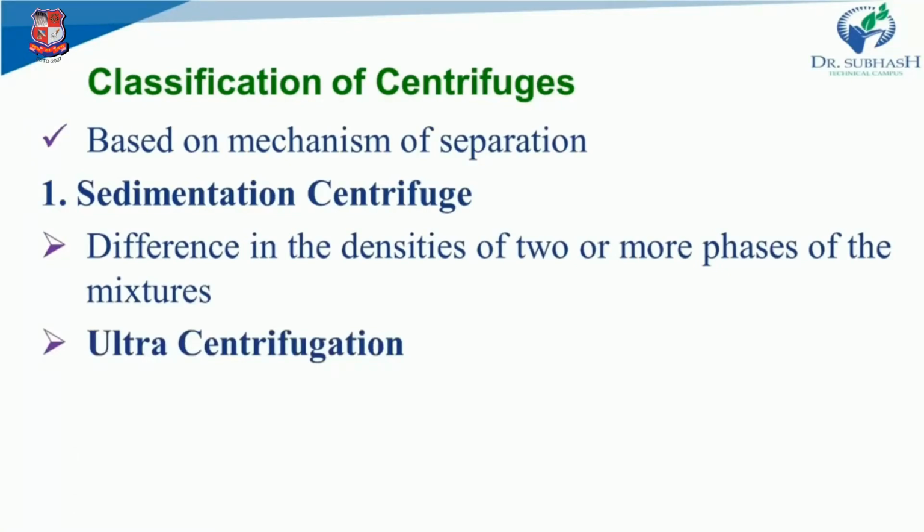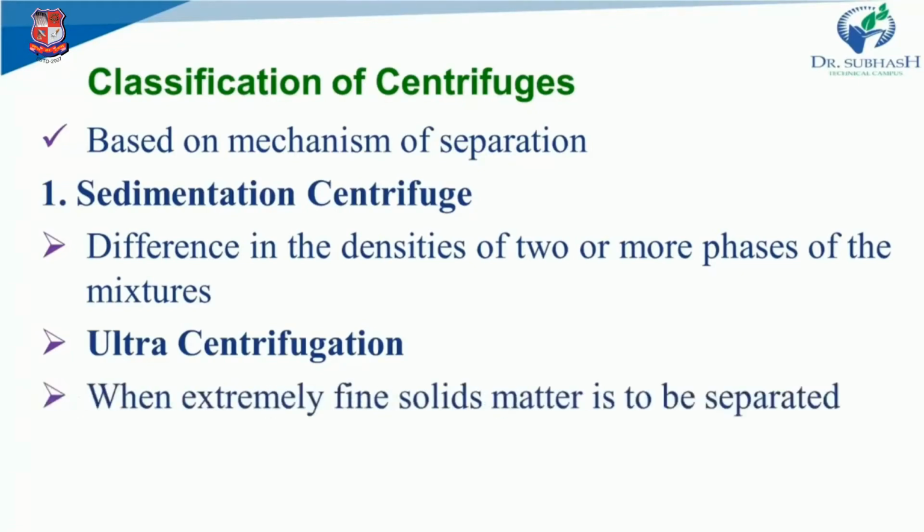Here in ultracentrifugation, you try to get a more pure separation than if you use simple centrifugation processes or simple centrifuges. You get more purity in the ultracentrifugation method when extremely fine solid matter is needed to be separated.